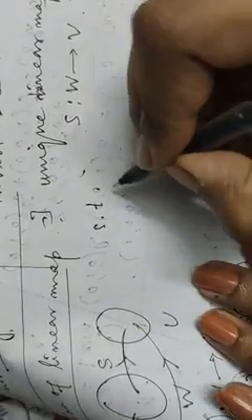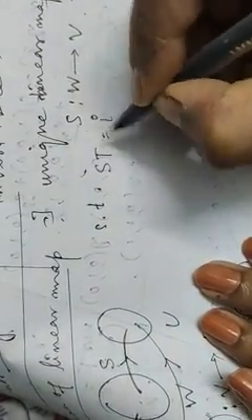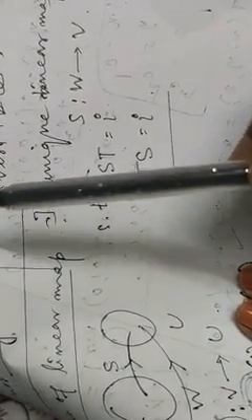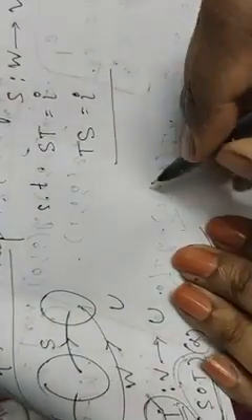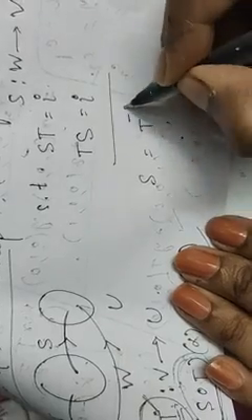So there exists a linear mapping S from W to V such that ST equals the identity mapping and TS equals the identity mapping. If these two conditions are satisfied, then we will say the linear mapping T is invertible and S will be T inverse.